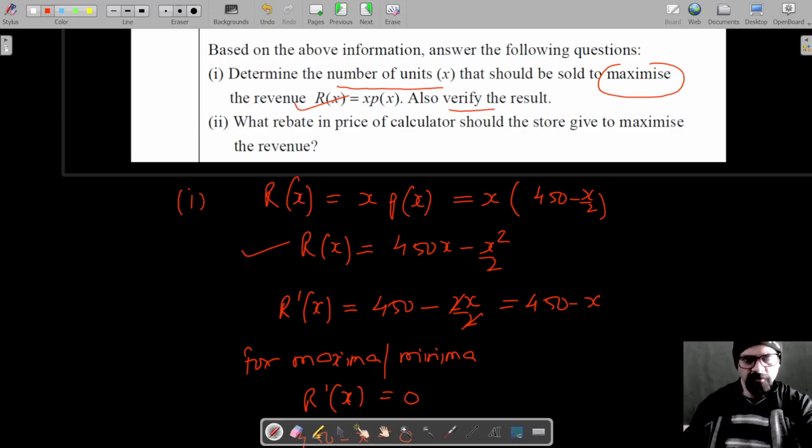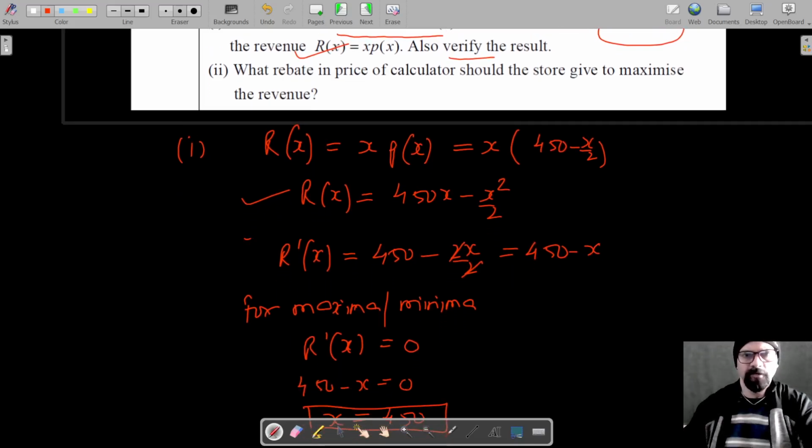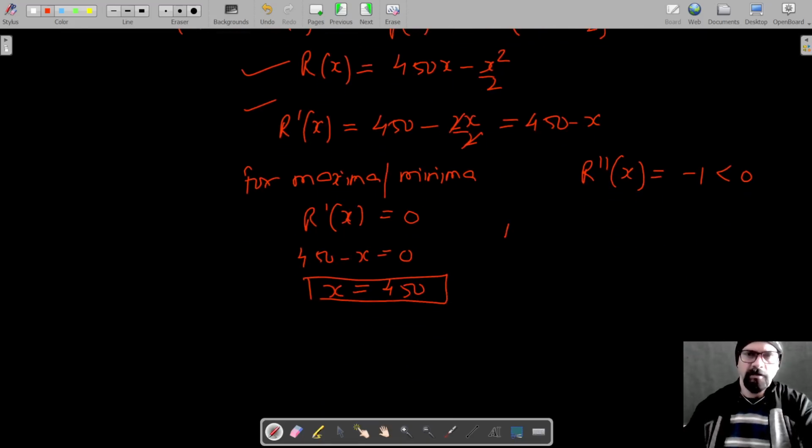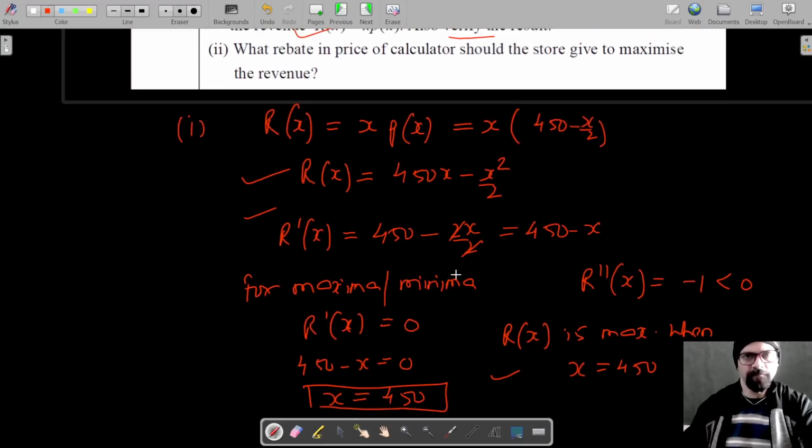To verify, we find the second order derivative. R double dash x is equal to -1, which is less than 0. So that means the revenue is maximum when x is equal to 450. This verifies our result.